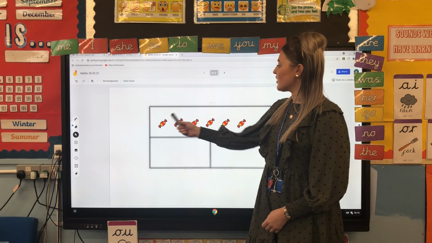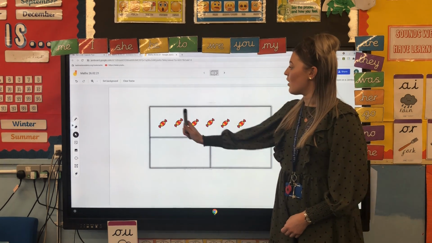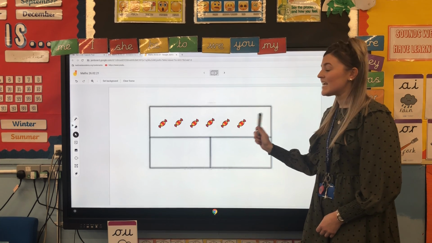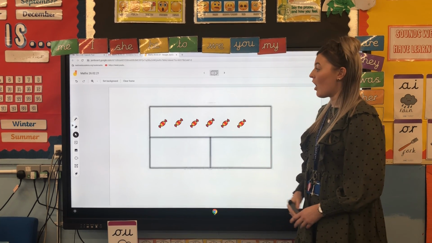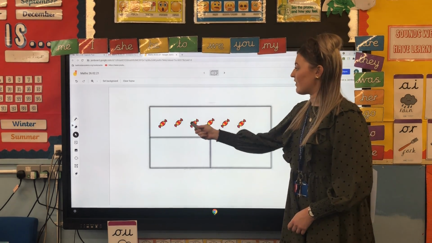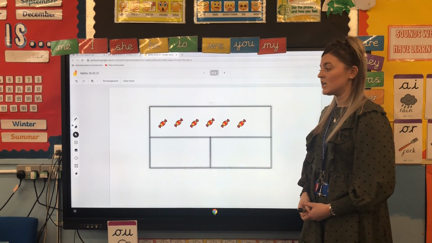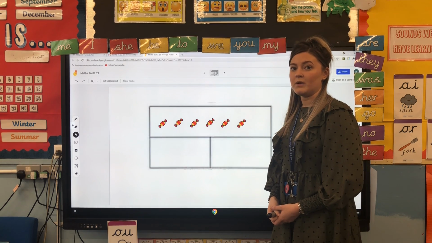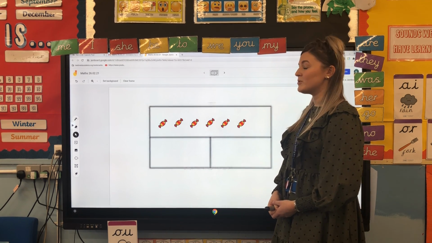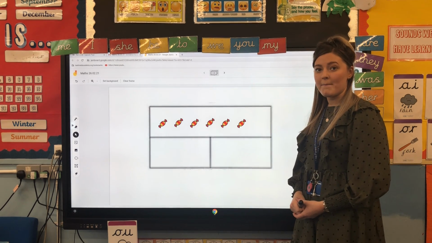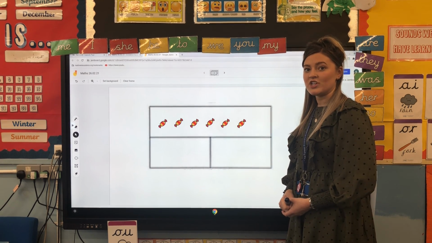So here you can see that I've got 1, 2, 3, 4, 5, 6 sweets. So I have 6 at the top. I'm going to find half of 6. The first thing I'm going to do is share the number 6 into my two groups, remembering to share them equally.